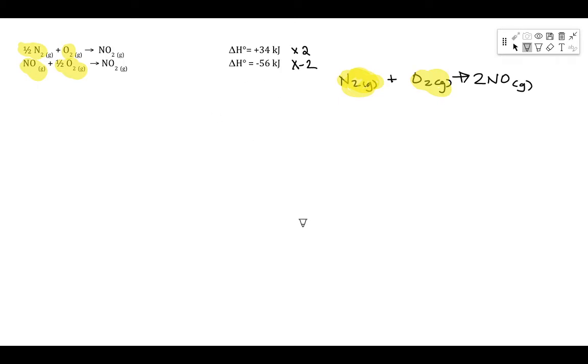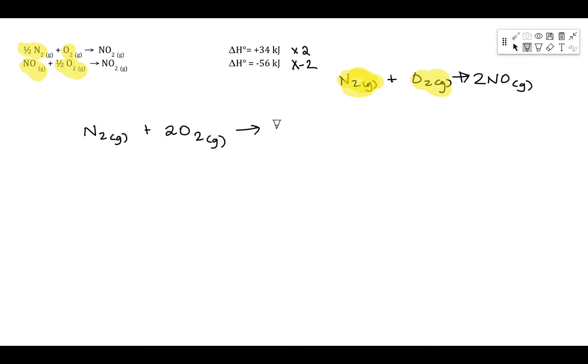So what I'm going to do is write out my reactions and see if that does get me to the target equation. The first equation, I wanted to multiply by 2. When I multiply this by 2, I get a coefficient of 1, right? So 0.5 times 2 will give me 1. O2 has a coefficient of 1. When I multiply that by 2, it's going to be 2O2.